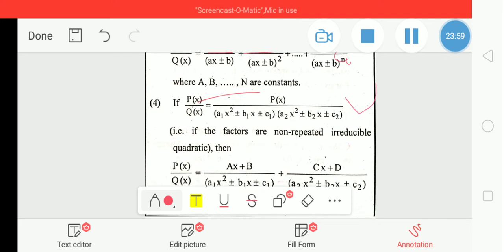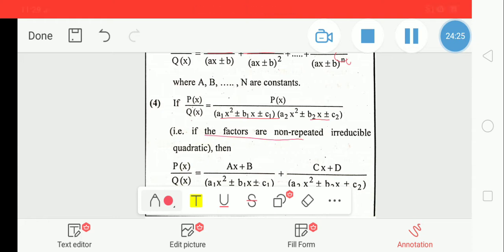Now another type, where they give it in this way: p of x divided by q of x is equal to p of x divided by a1 x square plus or minus b1 x plus or minus c1, a2 x square plus or minus b2 x plus c2.